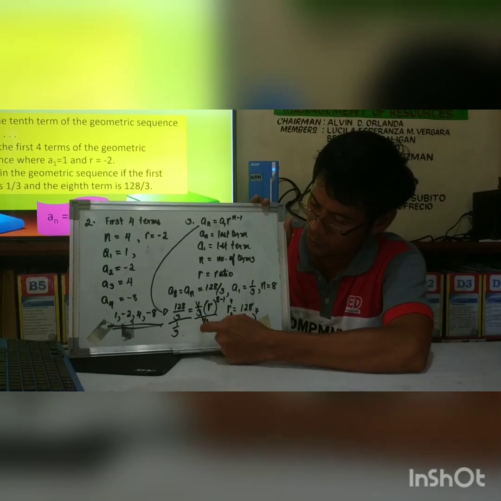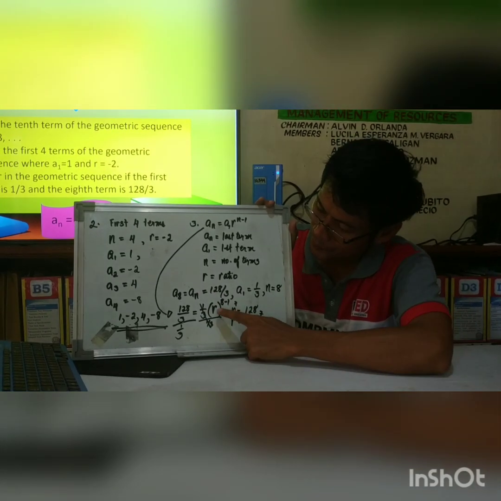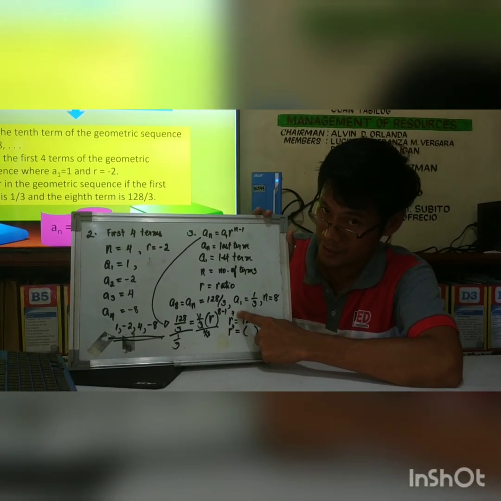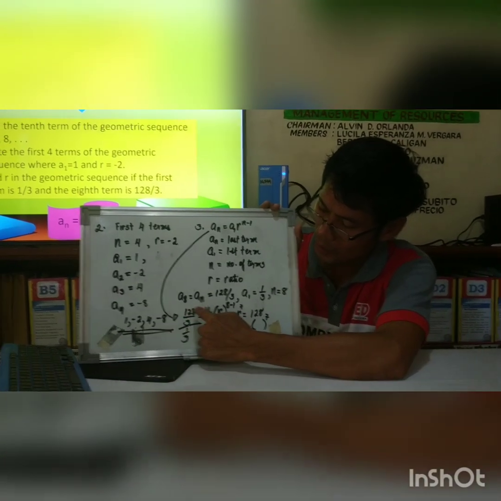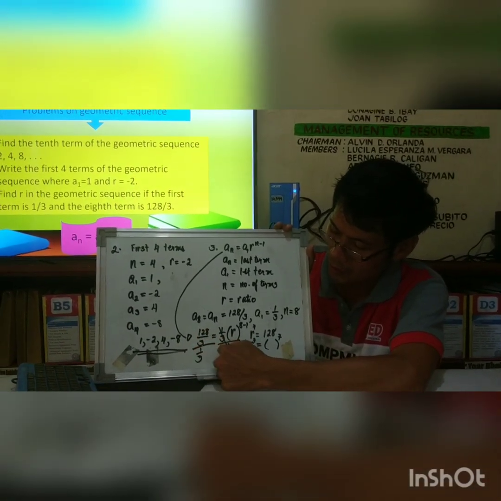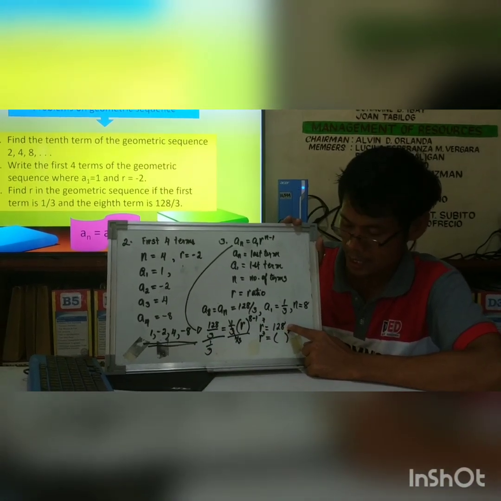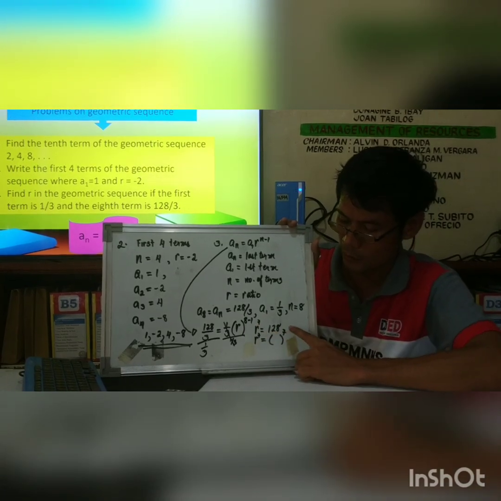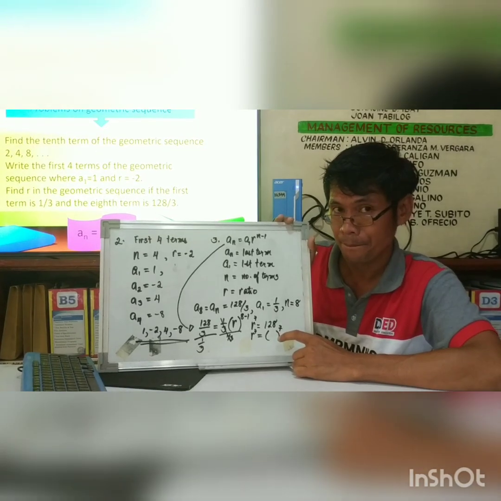So divide both sides by 1/3, cancel. What remains is r raised to 8 minus 1, that is r raised to 7, equals 128/3 all over 1/3, which will become 128. So we have r raised to 7 equals 128.